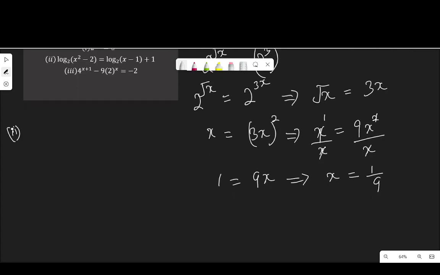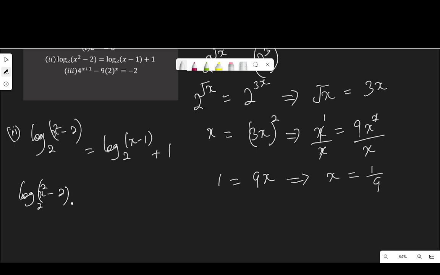Question 2, I have log x squared minus 2 to base 2 equal to log x minus 1 to base 2 plus 1.